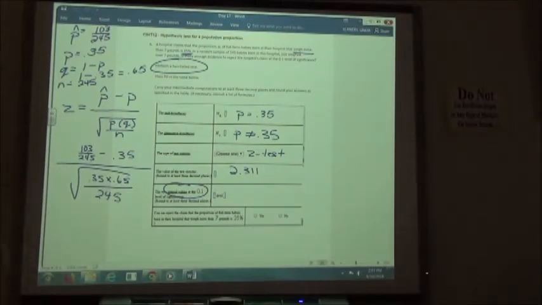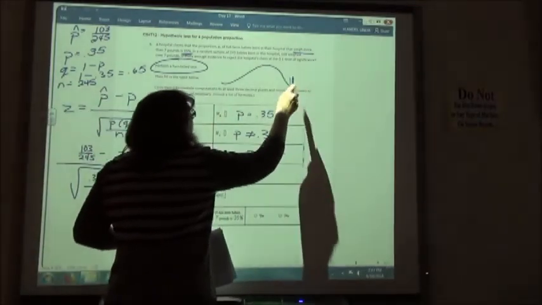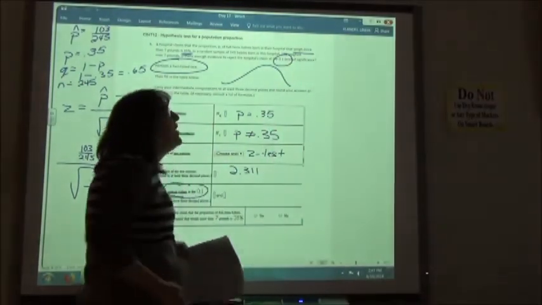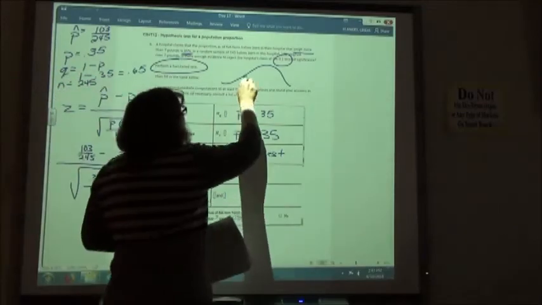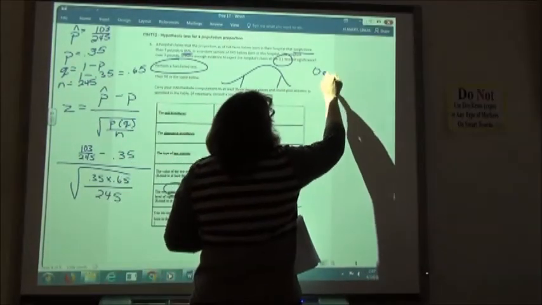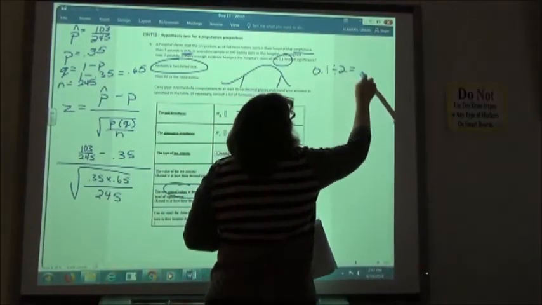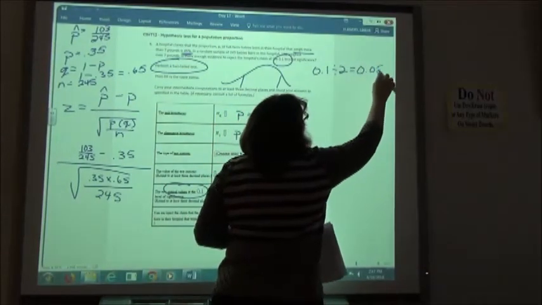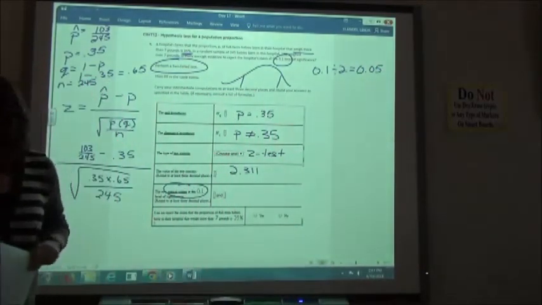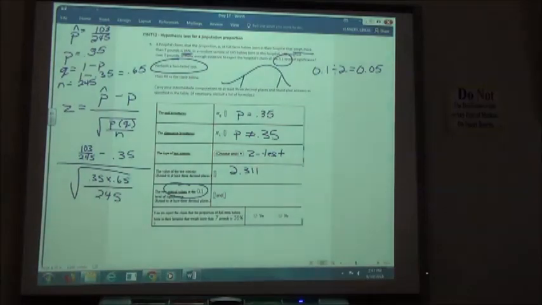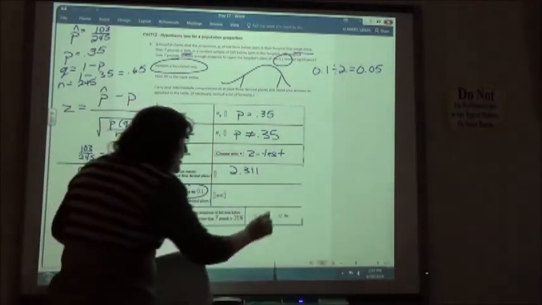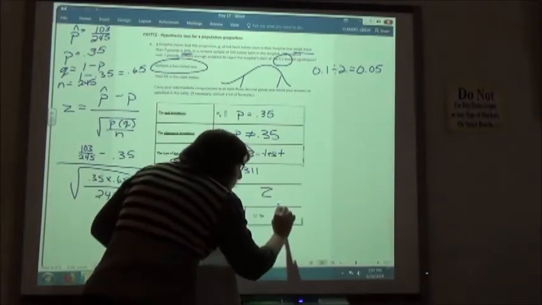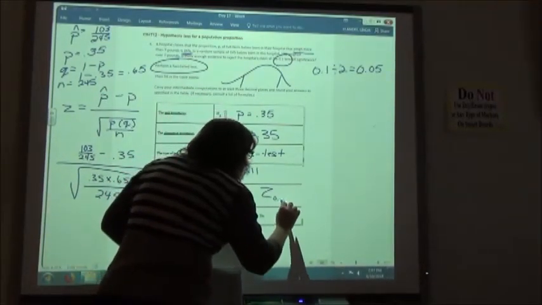But because this is a two-tailed test, and our total level of significance is 0.1, we have to divide that by 2. So we're going to take 0.1 divided by 2 and use 0.05. Each side is 0.05. So when we do our critical value, that's when we're doing the z sub something. Z sub 0.05.